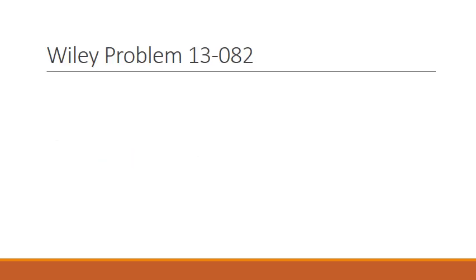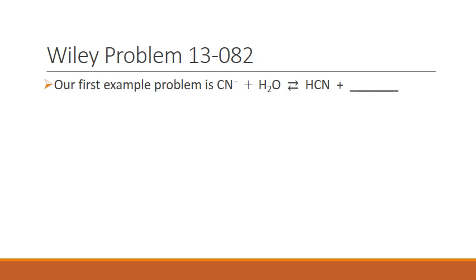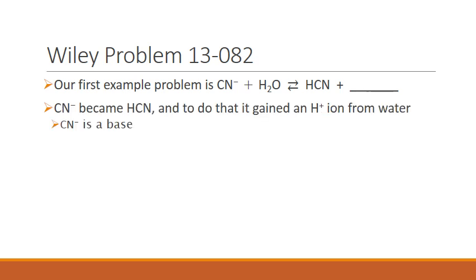Let's now look at Wiley problem 13-082. In the first example problem, we have cyanide plus water going to HCN plus something else. The cyanide ion became HCN, and to do that, it gained an H+ from water. That tells us that cyanide is a base.